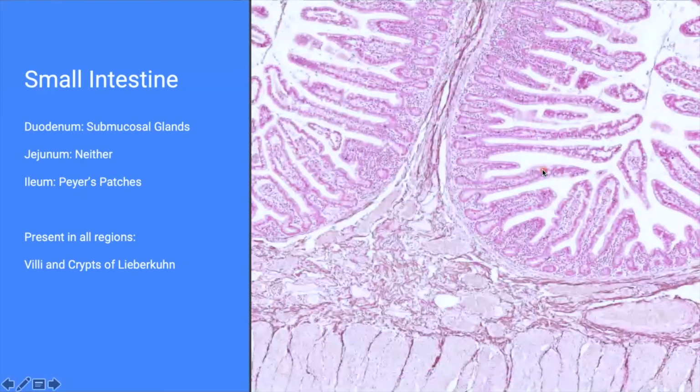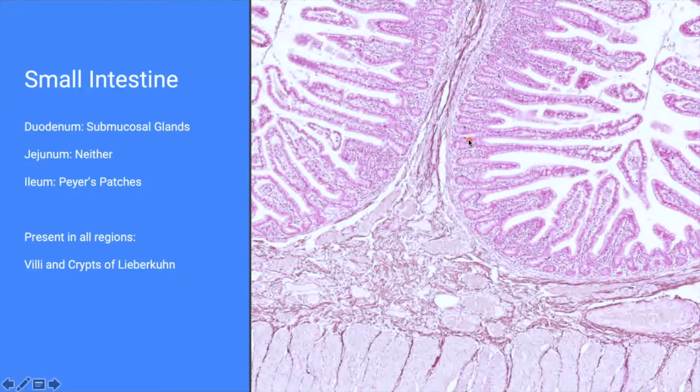Next, we get into our jejunum. Here we see what I like to think is our classic small intestine histology. We have villi that are extending upwards, as well as neighboring crypts, termed the crypts of Lieberkühn, that house our stem cells that are dividing and replenishing these villi epithelial cells as they slough off.